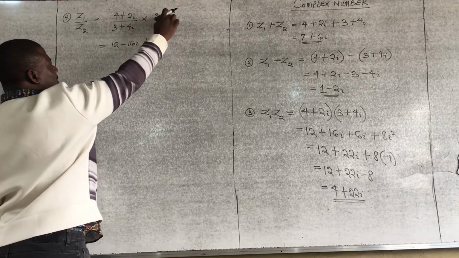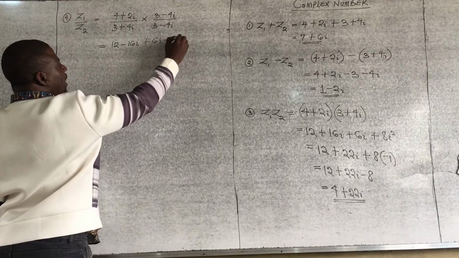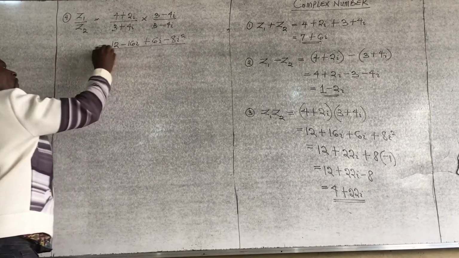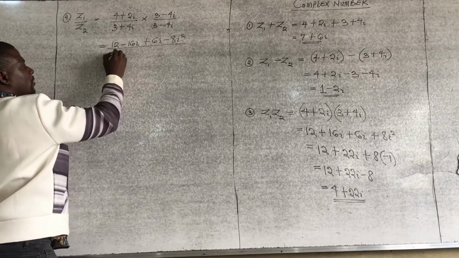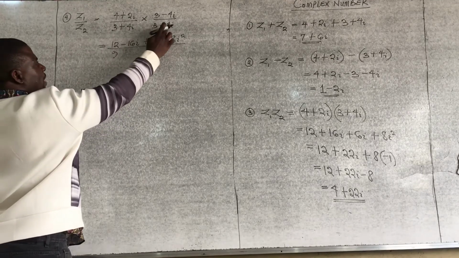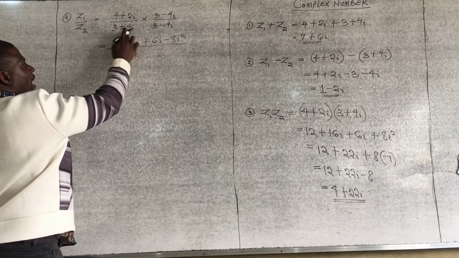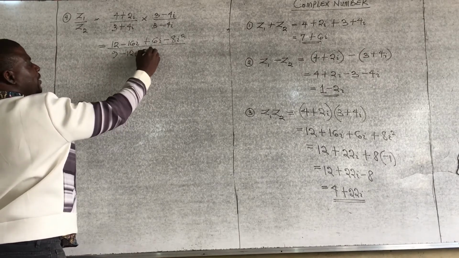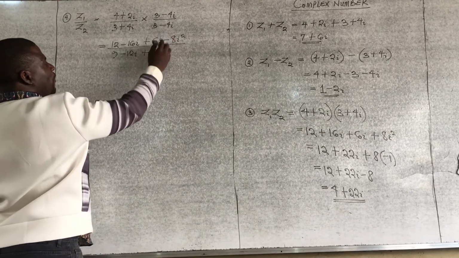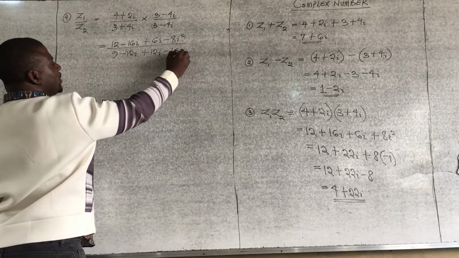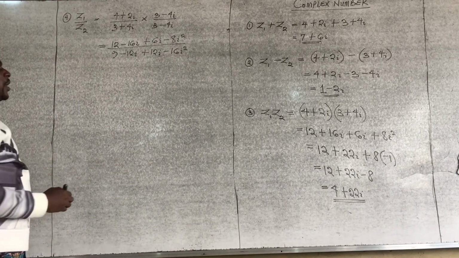Then 2i times minus 4i, that's minus 8i^2, over, are you following? 3 times 3 is what? 9. 3 times minus 4i, minus 12i. 4i times 3 is 12i. Then plus 4i times minus 4i, minus 16i^2. See that?